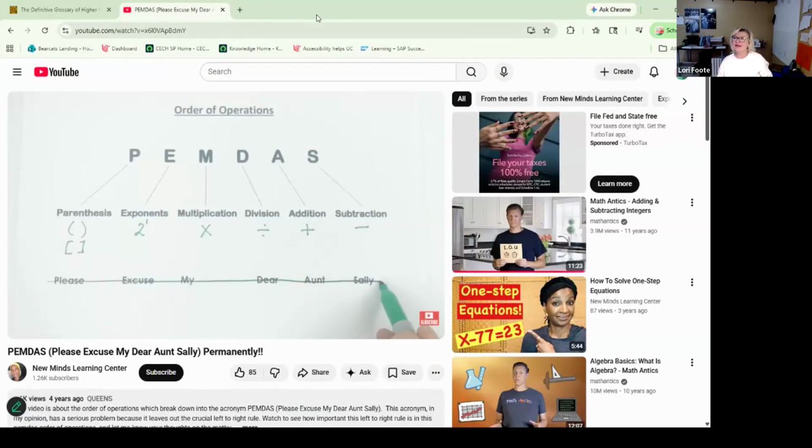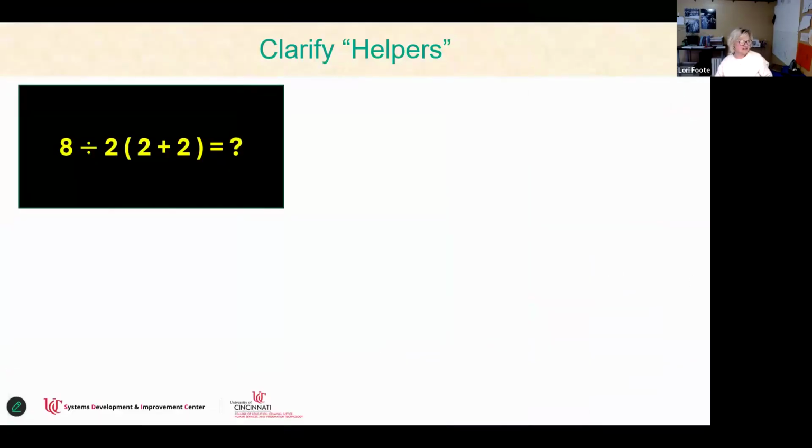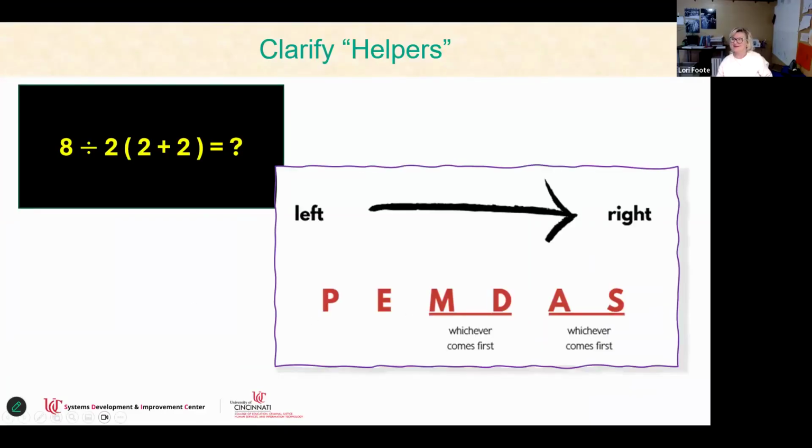So that somewhat lengthy description, I did capture that on the next screen here. Just to clarify, sometimes we give helpers. It's kind of like what we were talking about last time, in terms of trying to give something to make it easier to remember. But then the rule here has gotten muddled. So it can be either multiply or divide as you're moving left or right.